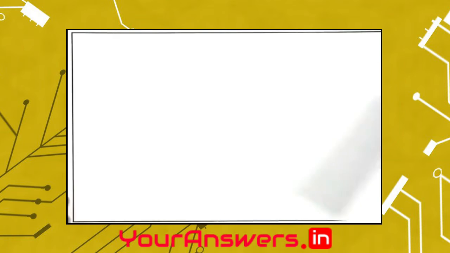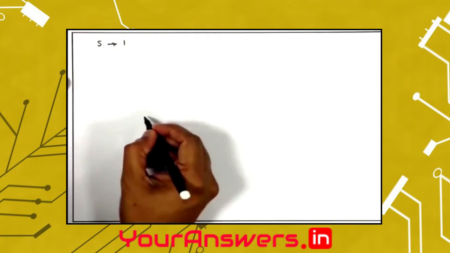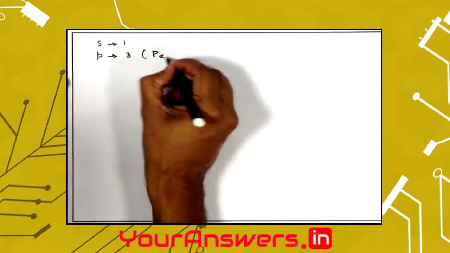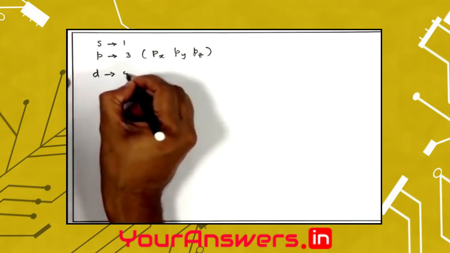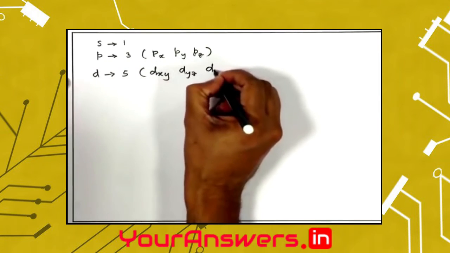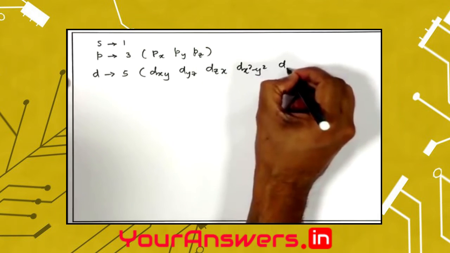We saw that s orbitals can be oriented in one way, p orbitals can be oriented in 3 different ways, we call them px, py, pz. D orbitals can be oriented in 5 different ways, dxy, dyz, dzx, dx square minus y square, dz square.